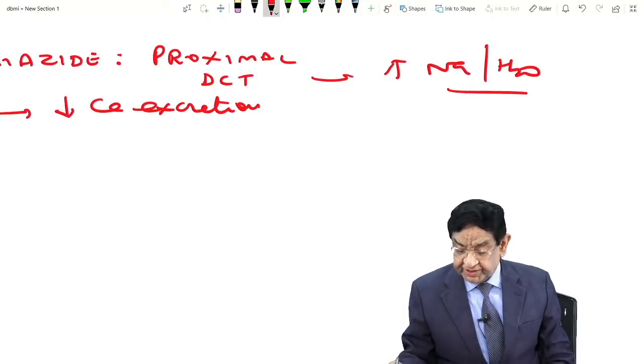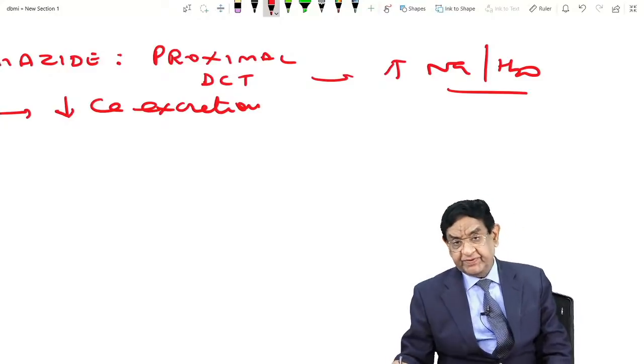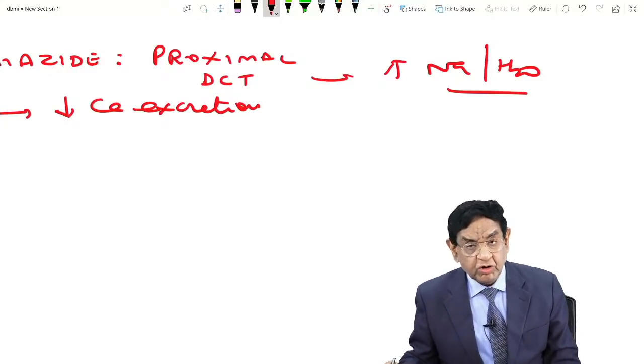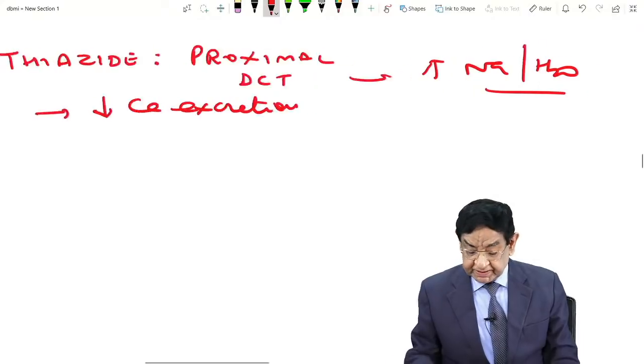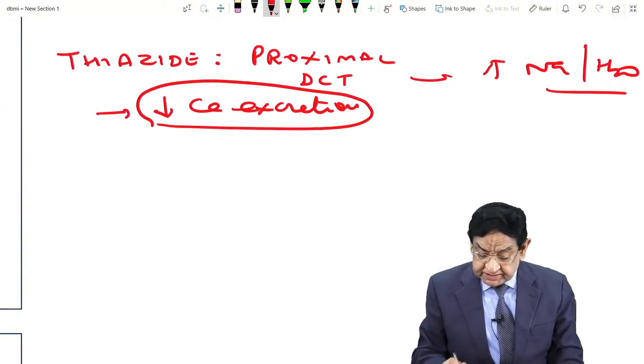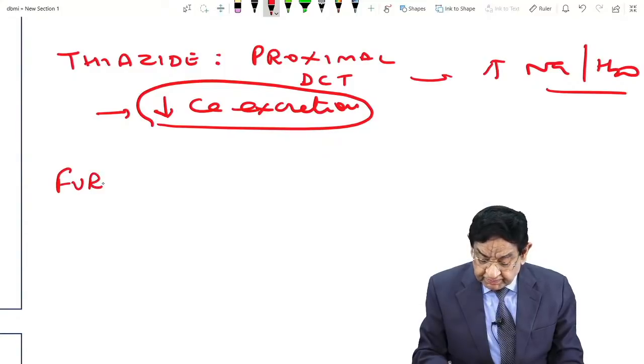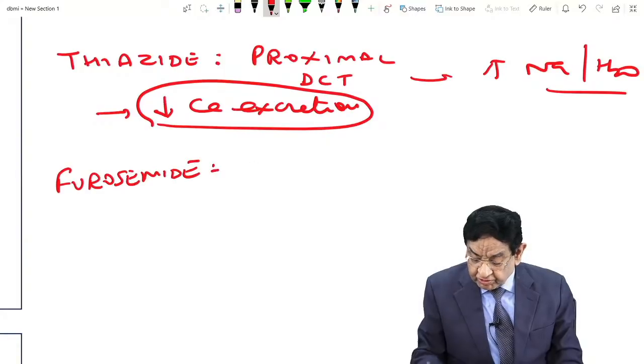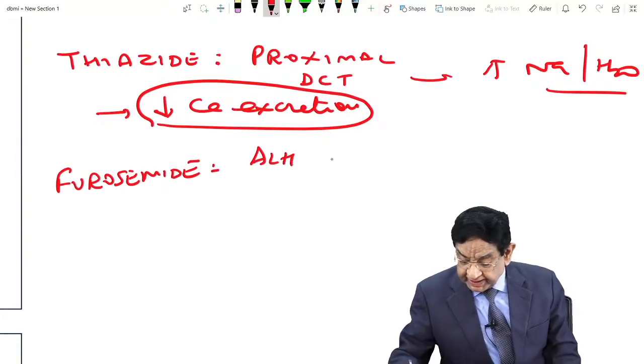That's a definition of all diuretics, but they cause reduced calcium excretion. This is in contrast to furosemide, which acts on the ascending loop of Henle.